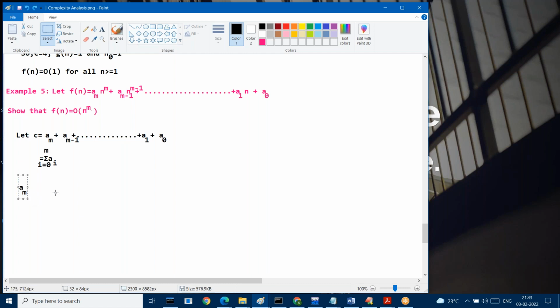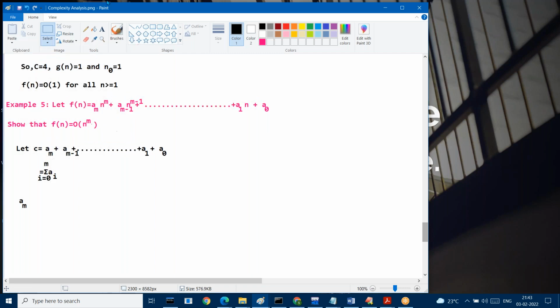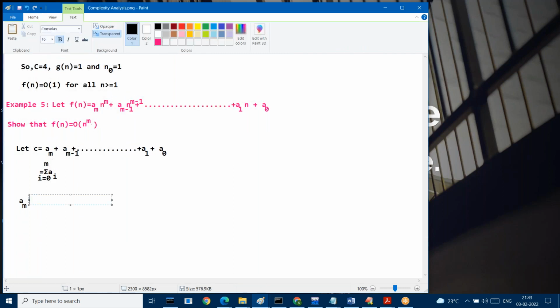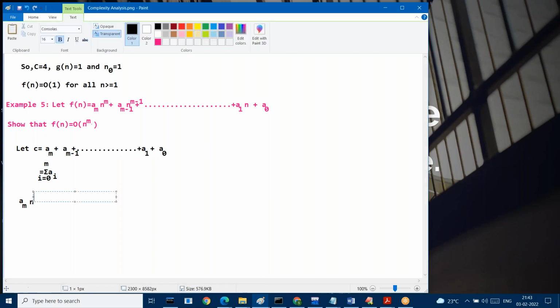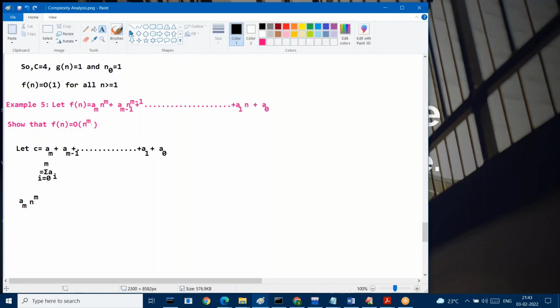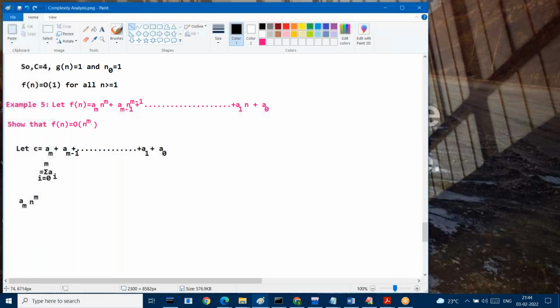This is the constant. This is what I'm multiplying with n to the power m. So basically what I'm trying to do is that I'm trying to write this one. The function of n, whatever they have given, that is what I'm trying to write here, nothing else.